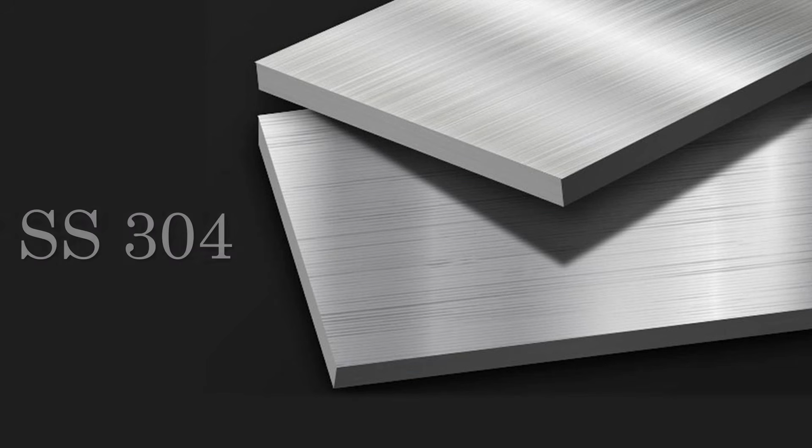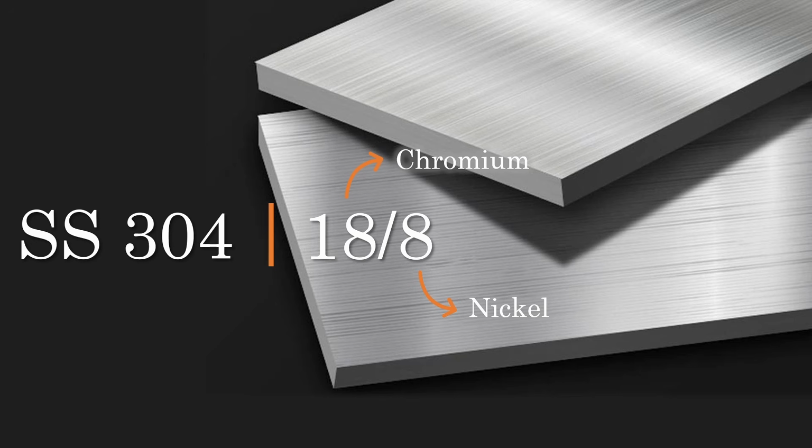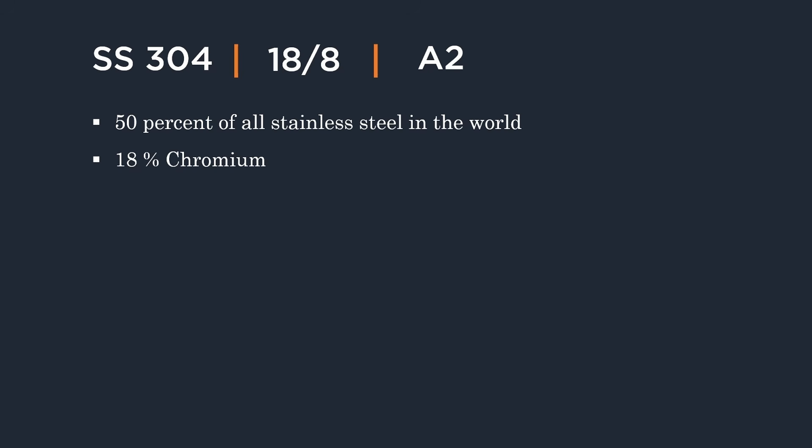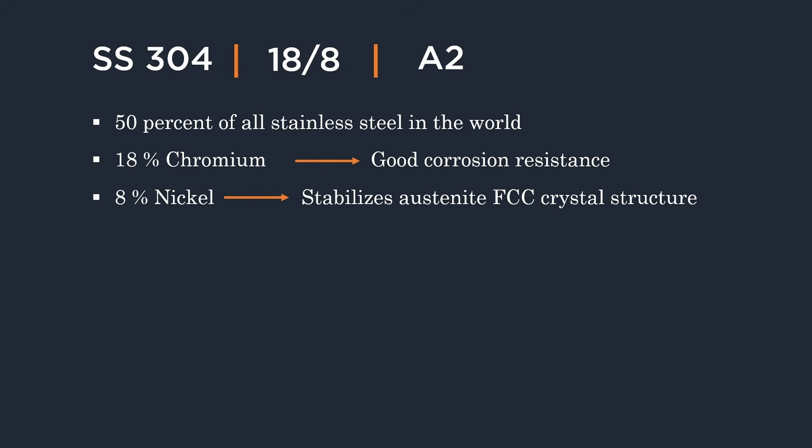Let's start with 304, also known as 18-8 grade: 18% chromium, 8% nickel, also called A2. 304 stainless steel is almost 50% of all stainless steels in the world. Having around 18% chromium gives good corrosion resistance, and 8% nickel stabilizes the austenitic FCC crystal structure, as we have seen earlier.